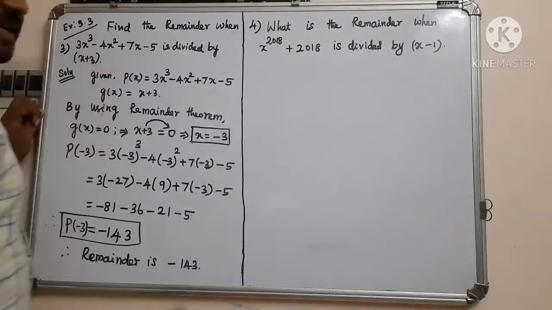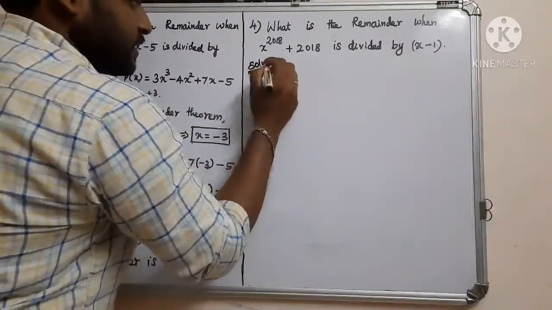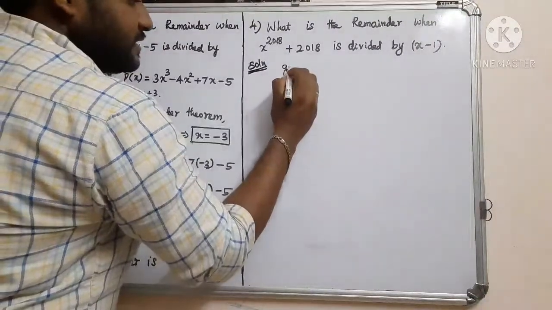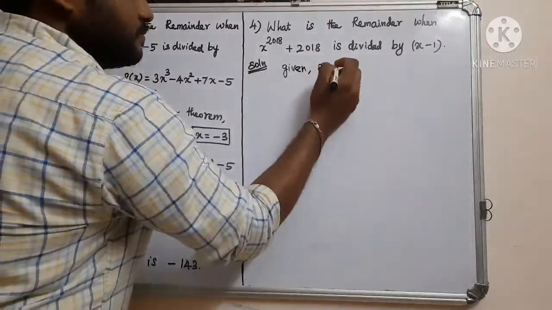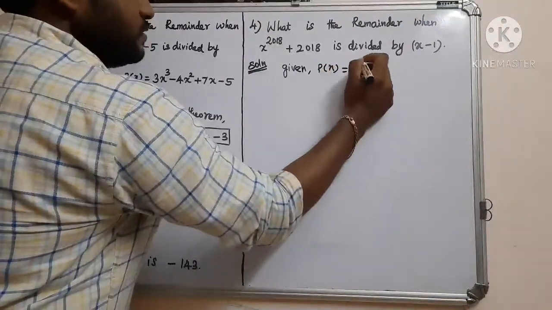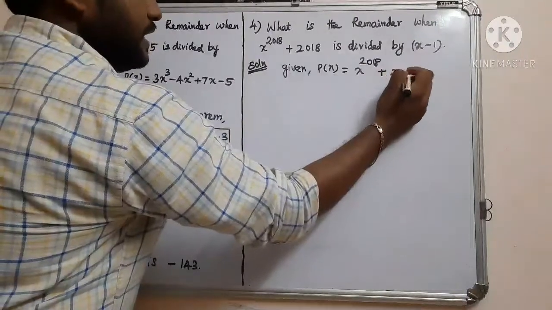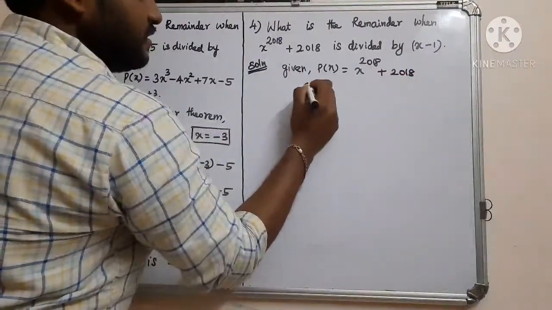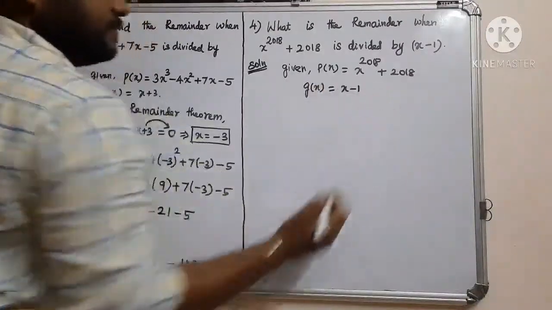And then the next, fourth question is, what is the remainder when x power 2018 plus 2018 is divided by x minus 1? Here it is also the same. The solution is, given p of x is equal to x power 2018 plus 2018 and g of x is equal to x minus 1.